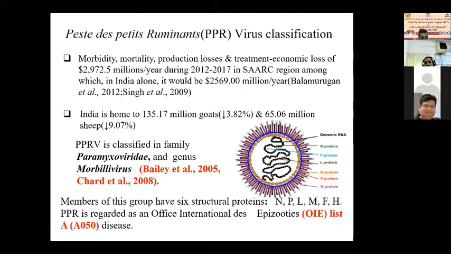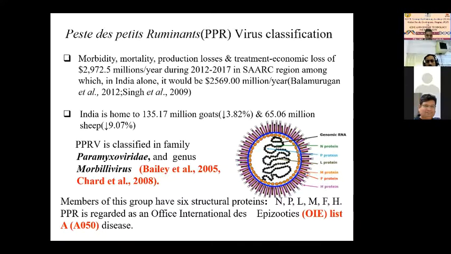With the backing we have in the PPR program, we have a strong vaccine, and the virus is also favorable, as it is not mutating very fast. It is a very stable virus, and we have a series of detection technologies: lateral flow, ELISA, visual sensors, and peptide aptamers. We have done a huge amount of work on PPR at IVRI, and we have a strong capability in that area.